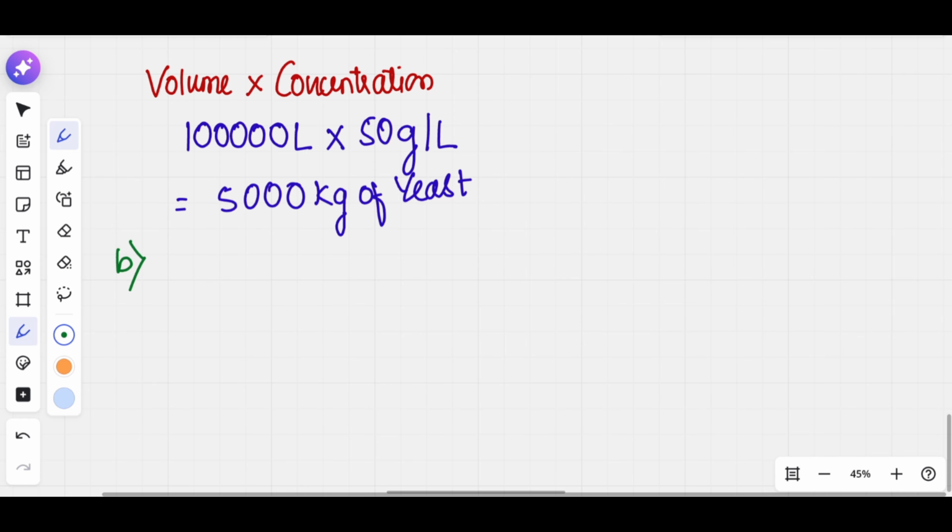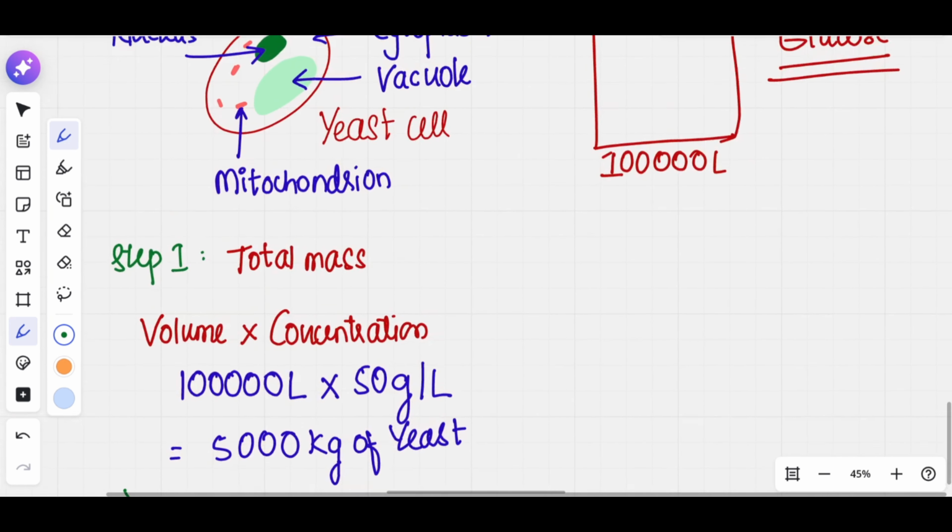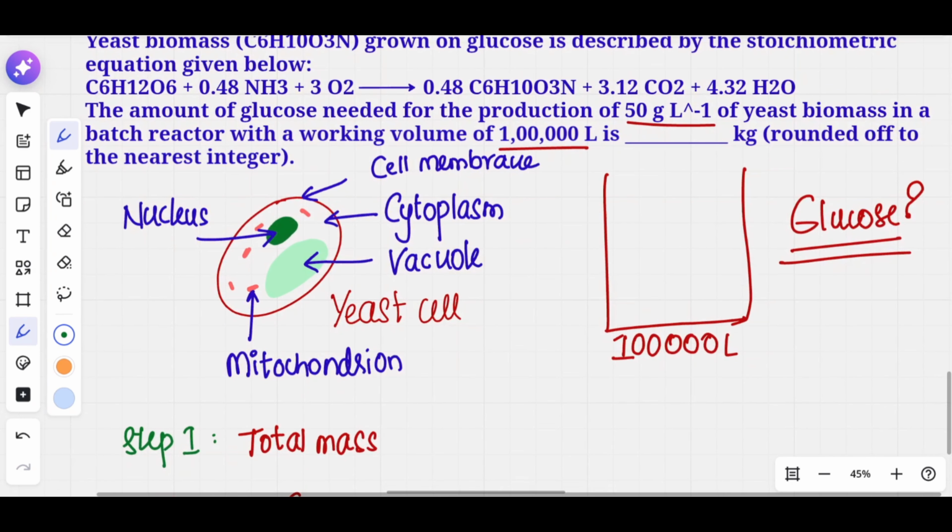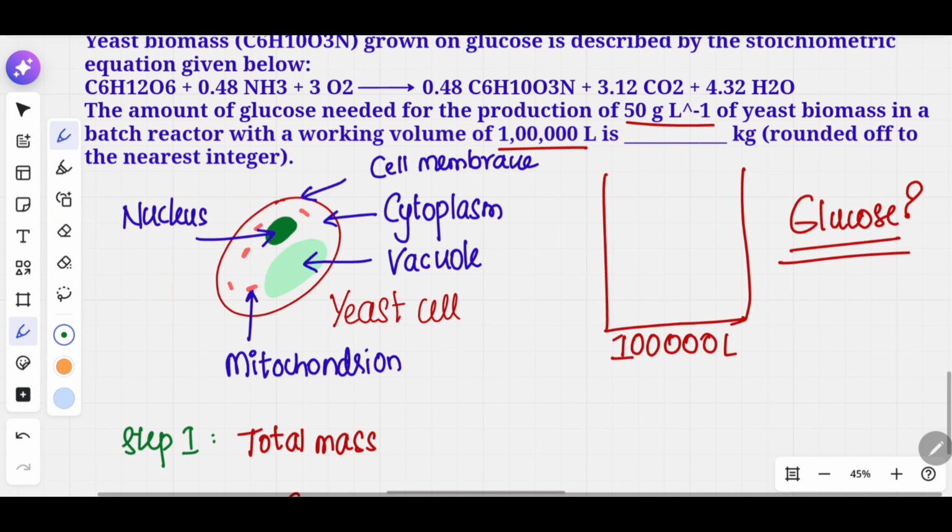It tells us that for every 1 mole of glucose we are putting in, we get 0.48 moles of yeast out. This is the yeast.